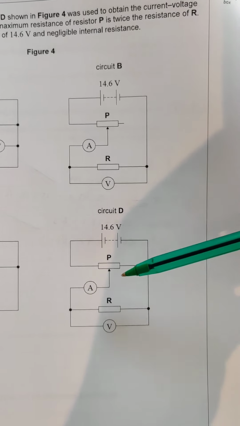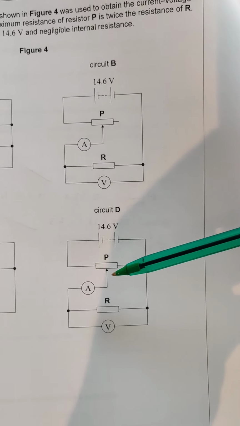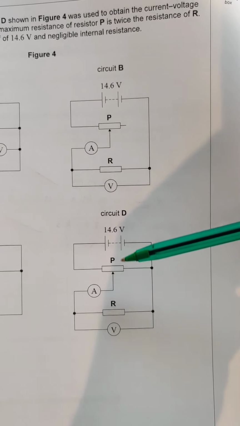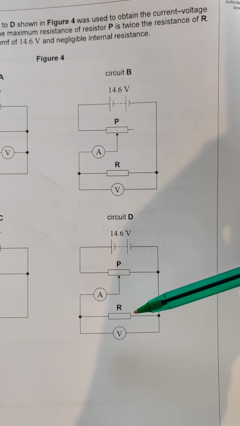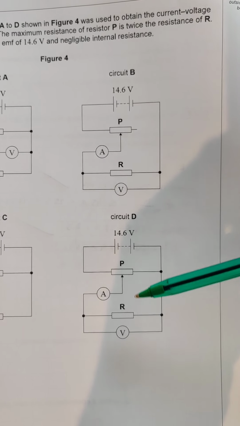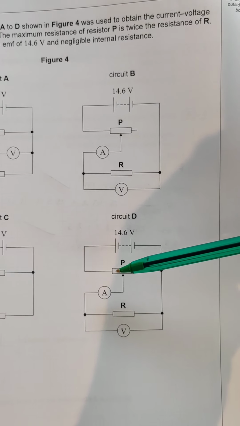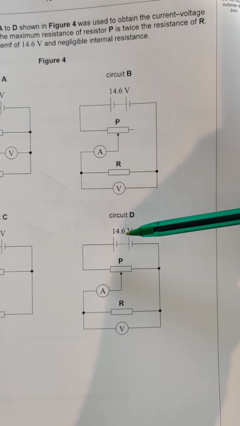Now, the parallel arrangement is better because if I set it up this way, I can get the full available voltage across R, but I can also get it all the way down to 0 by moving this to one side of resistor P. So this will produce a range going from 0 all the way up to 15.6.